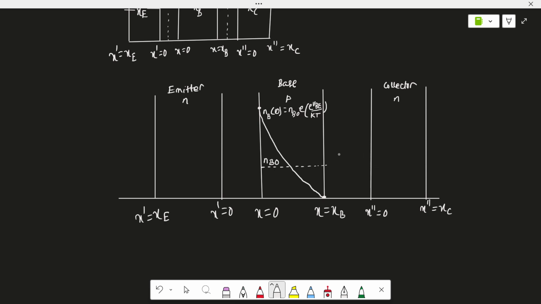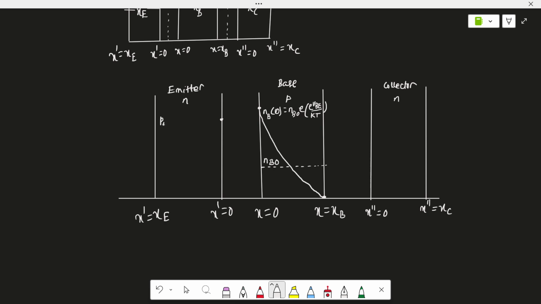Now the emitter base region, so you got the maximum value somewhere, right? Holes coming from base to the emitter region, so that gives us the value.